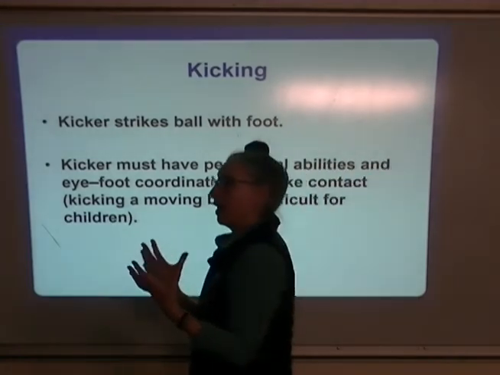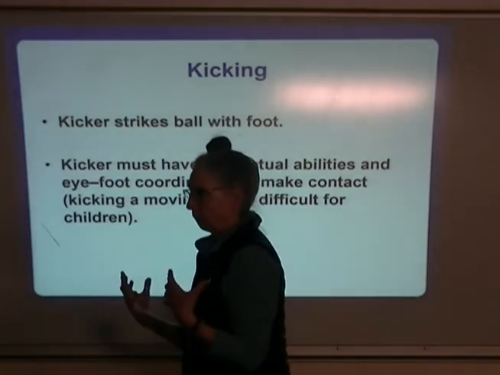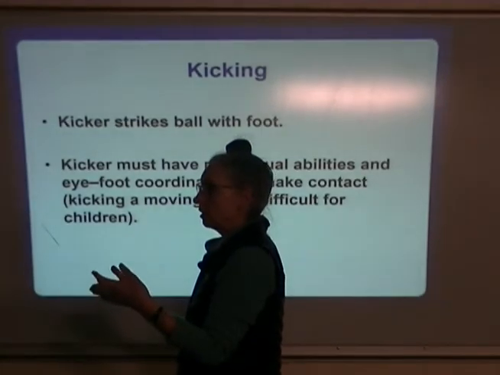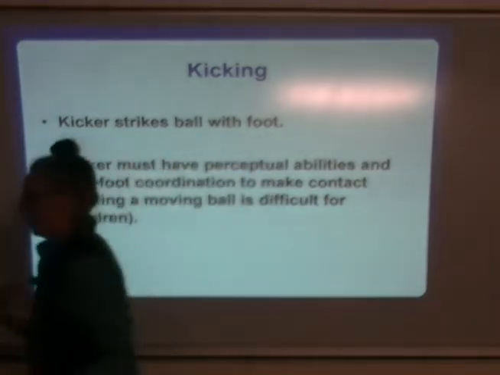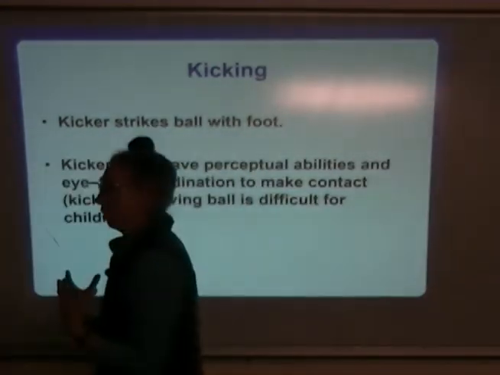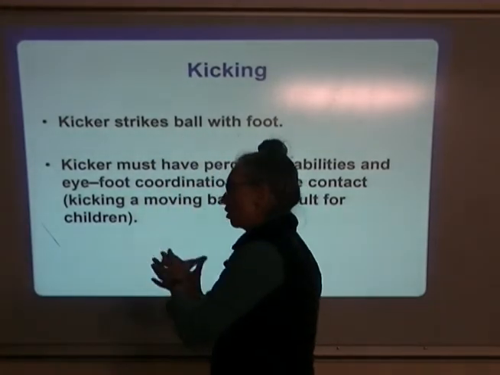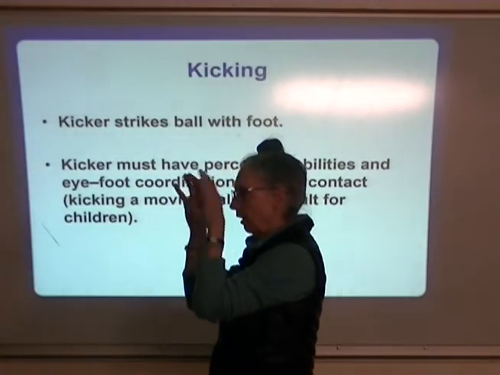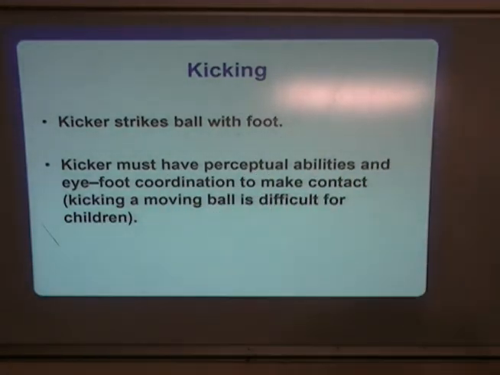So that means that the more difficult the skill is, the more movement there would be, right? So the easiest version to teach kids how to kick is to have a stationary ball, right? And then they can walk or run and try to kick the ball. Okay? Once that ball's moving and the child is moving, it becomes very complicated for that little brain to put all those pieces together. It takes a lot of practice to kick a moving ball.